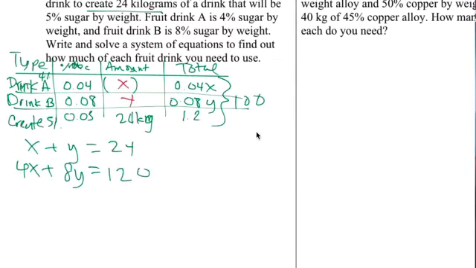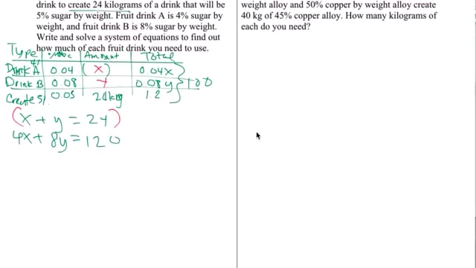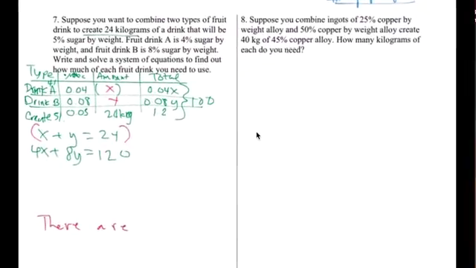Most likely you can multiply this by a -4 or a -8. You guys decide. Finish using elimination. Make sure you give me a complete sentence. There are such and such kilograms of drink A and blank kilograms of drink B.